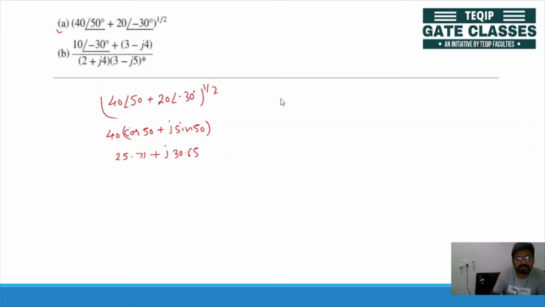20 angle minus 30 you can write as 20 cos minus 30, which is cos 30 only, and sin minus 30 will be minus sin 30, so minus j sin 30. It will come 17.32 minus j10.